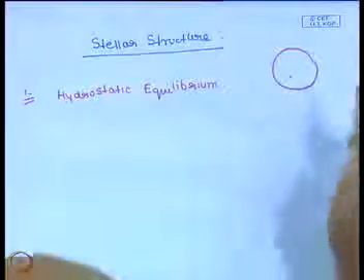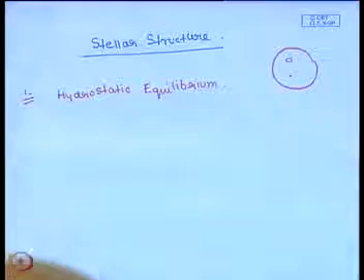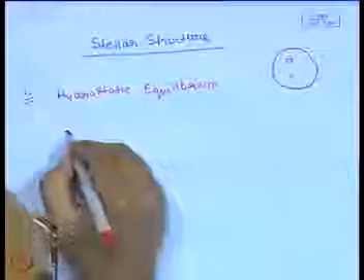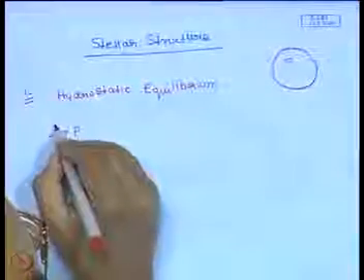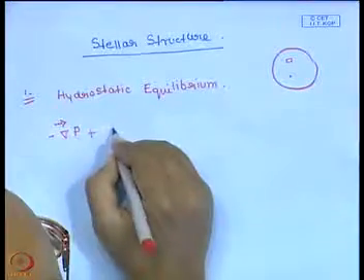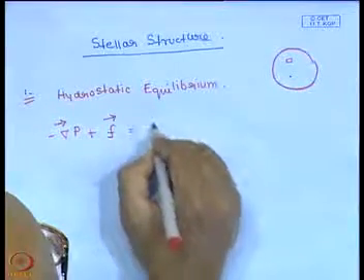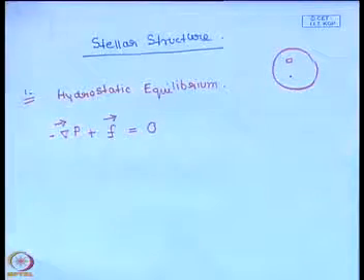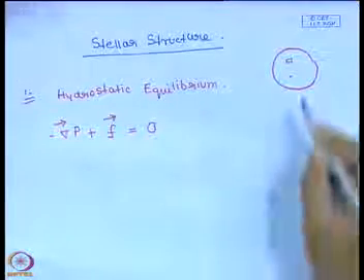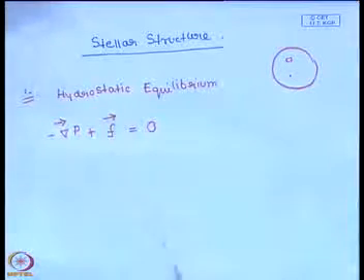Okay. And for such a fluid, we know that for any part of the fluid, the pressure gradient across the fluid will balance the acceleration or the force per unit mass. That is the main consideration. So, if I consider any small element of this fluid, the pressure gradient across the fluid must balance the force per unit mass of the fluid.